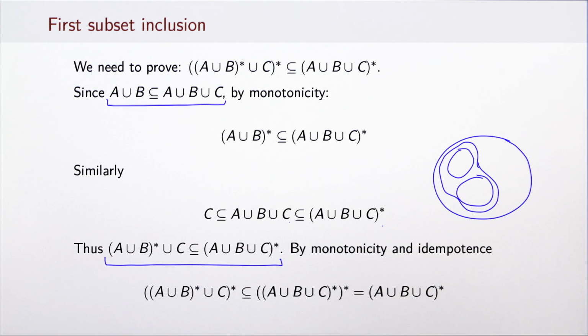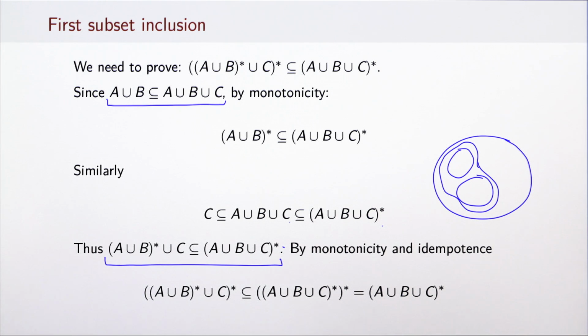Now we can apply monotonicity. So we apply star to both sides of this subset inclusion. We have star here. We also get the star on the right-hand side. But two stars collapse into one star. That's one of the properties of the closure operator. So we have in fact shown what we were aiming to show. And this is one side of the inclusion.